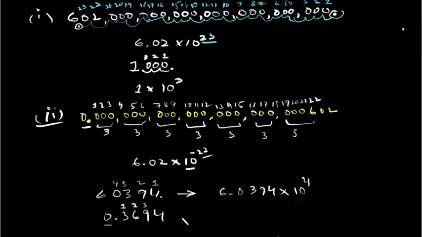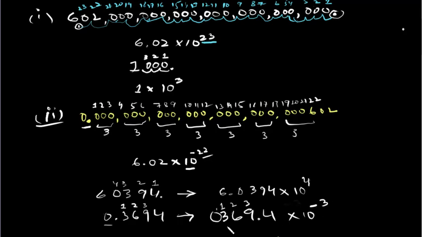So if I write it in scientific notation, I will have 369.4 and 10 to the power minus 3, because the decimal point moved 1 place, 2 and then 3.